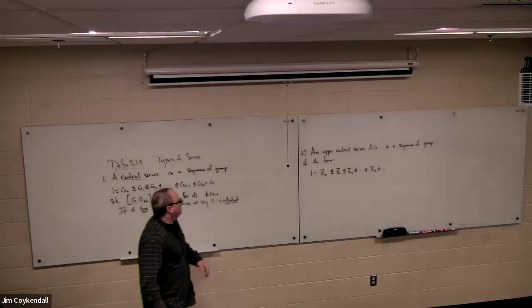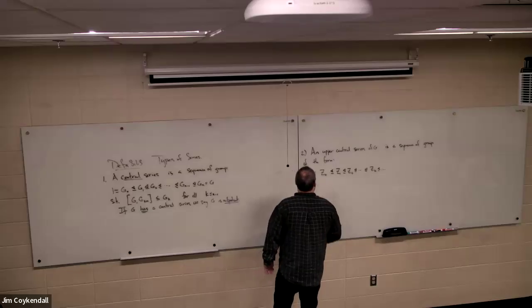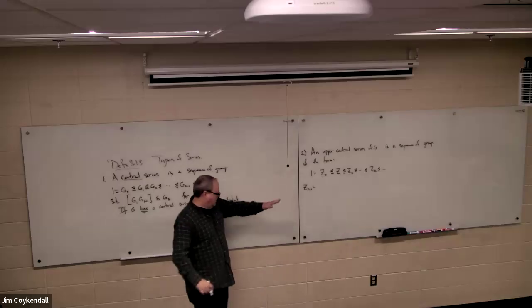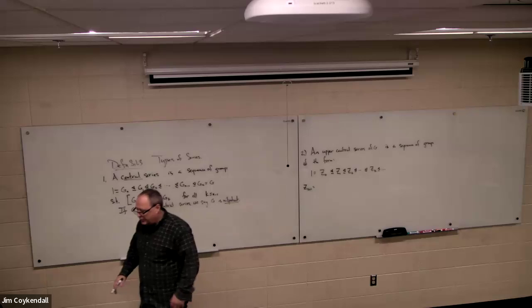Now I'm going to tell you how we define Z(k+1). Okay, so I define Z0 to be 1, right? And that's where the ball starts.